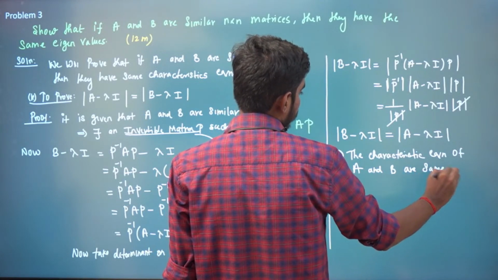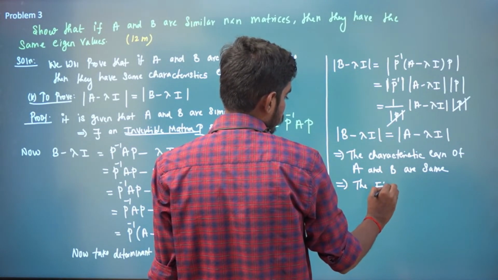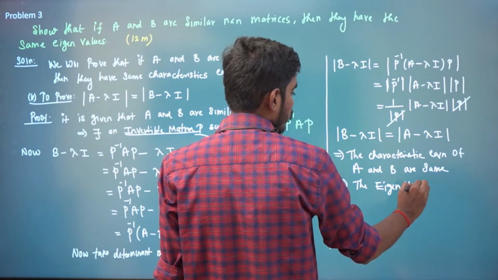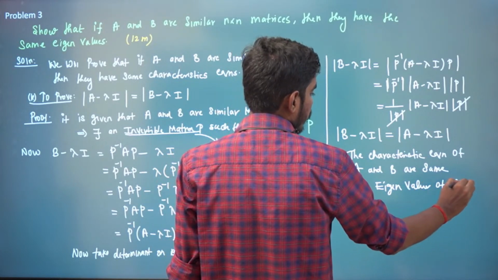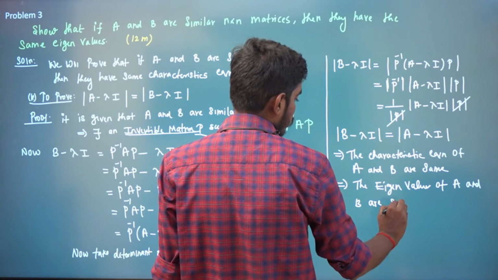The characteristic equations are the same, so the roots are also the same. This implies the eigenvalues of A and B are the same.